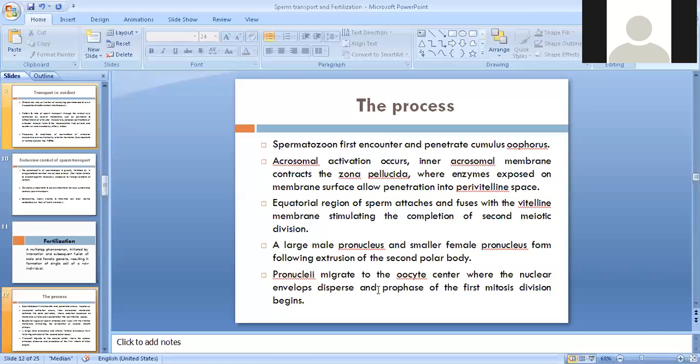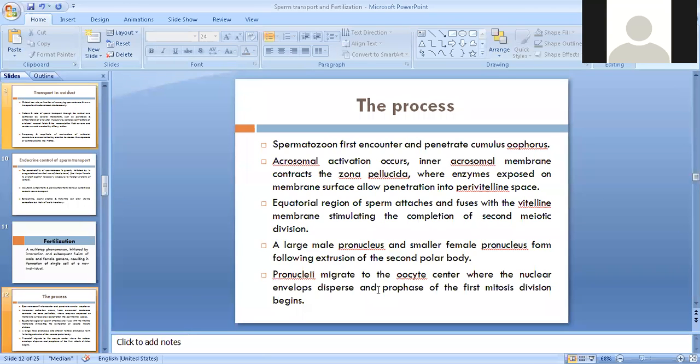If you remember the structure of the ovum, you will understand all these terms: zona pellucida, perivitelline space, everything. The equatorial region of the sperm attaches and fuses with the vitelline membrane, which stimulates the completion of the second meiotic division.